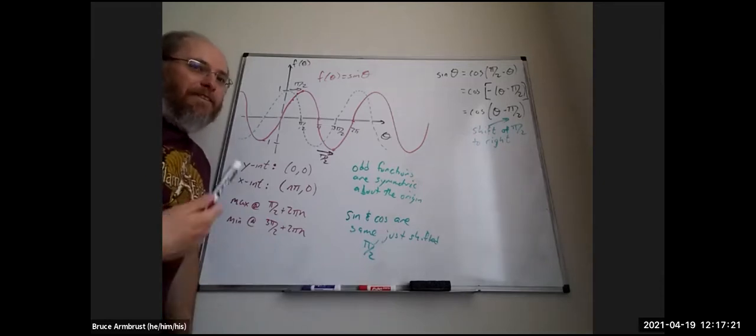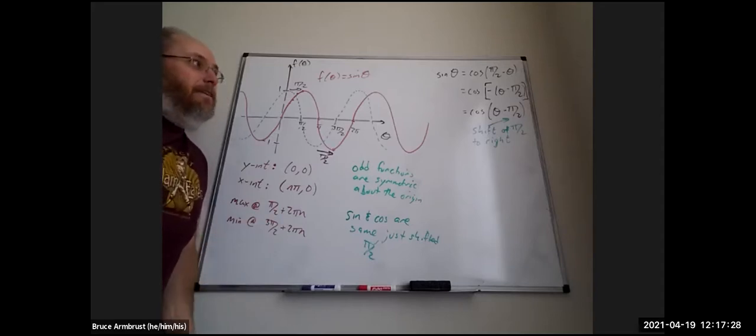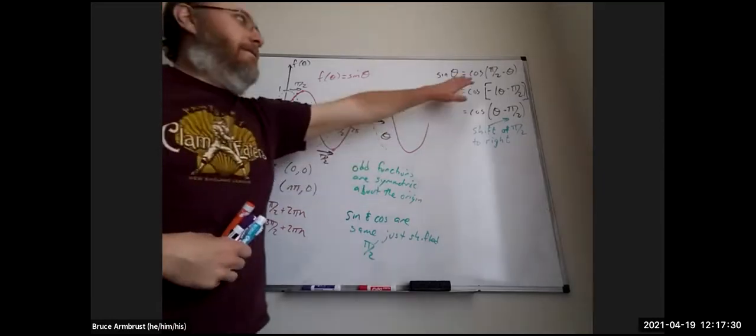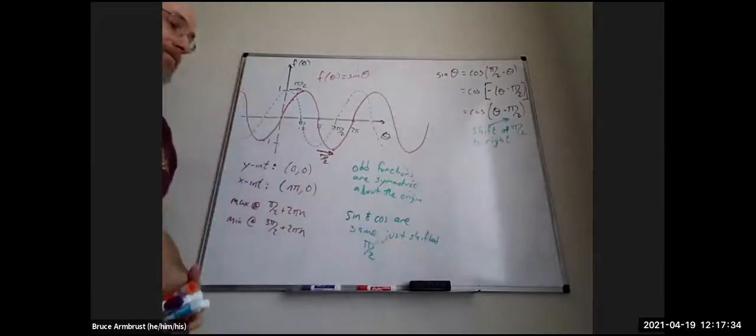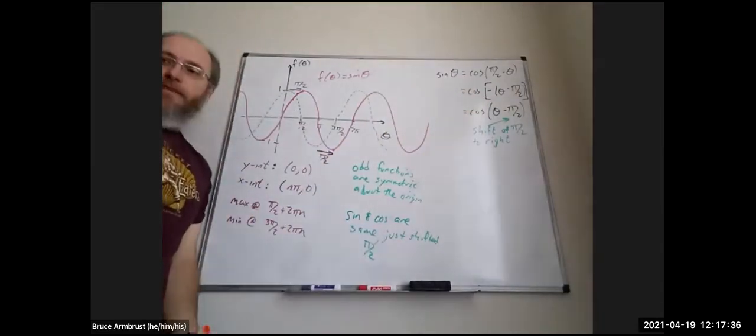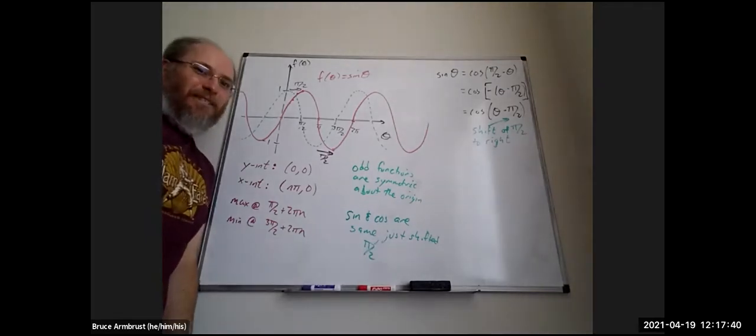So their graphs have to have this similarity because of the fact that they have similarity themselves coming from the right triangle. Crazy, crazy, crazy. But there you go.